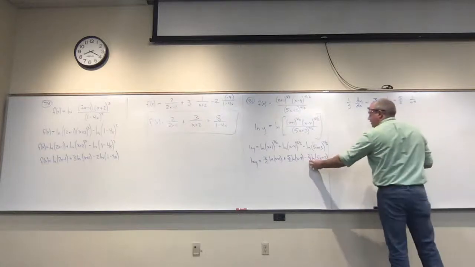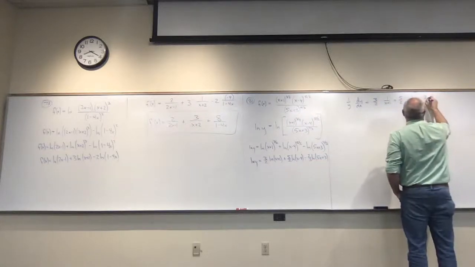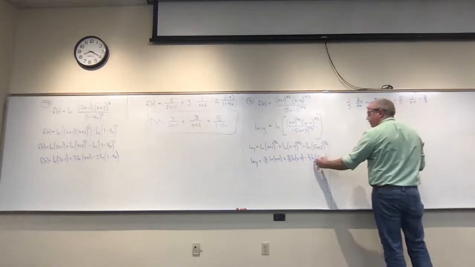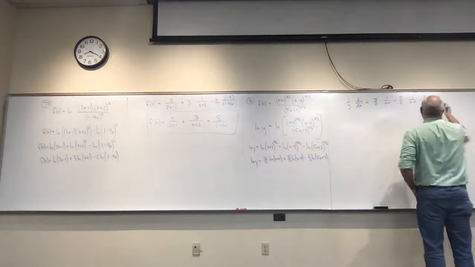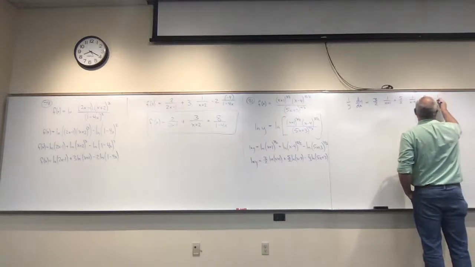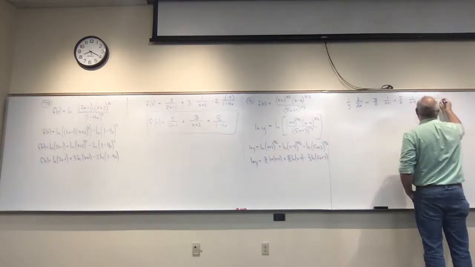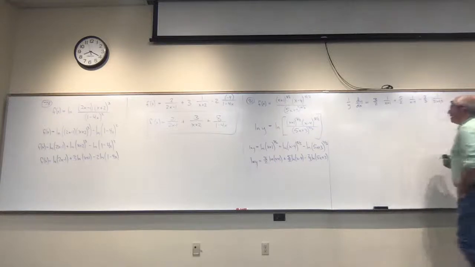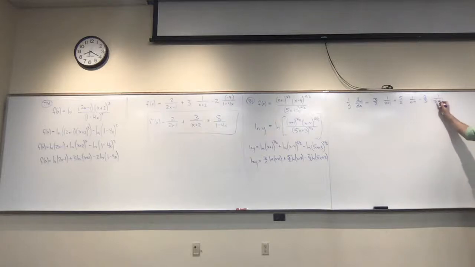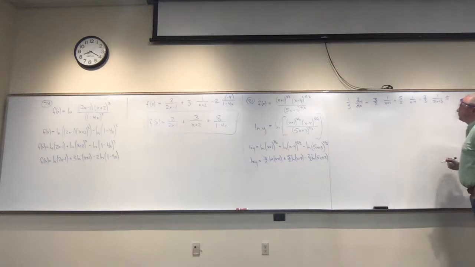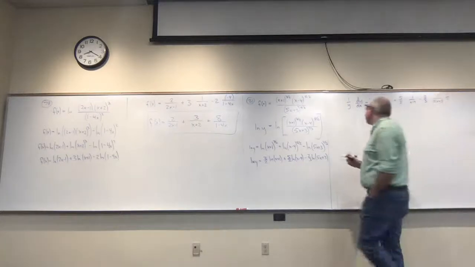And then I have minus 2/3, that just stays. And then I have the derivative of ln of 5x plus 3, which is 1 over 5x plus 3. And do I need anything else? Times 5. Yeah, because the derivative of 5x plus 3 is 5, so I need times 5. Okay.